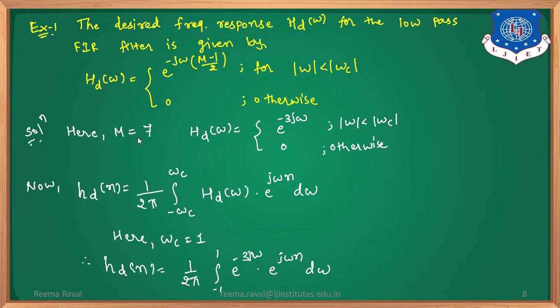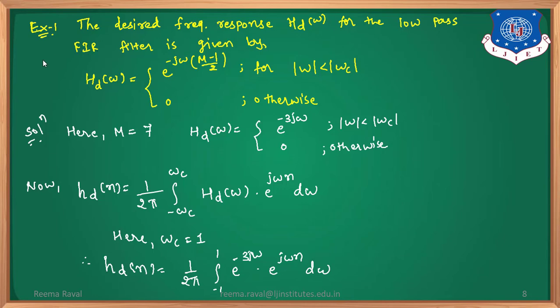So over here m equals to 7, that will be given to us. So using this given function, we can take HD of omega, that is equals to e raised to minus 3j omega, because we put over here m equals to 7, that will be 7 minus 1, 6 by 2, that will become e raised to minus 3j omega in the interval omega less than omega c, and it is 0 otherwise.